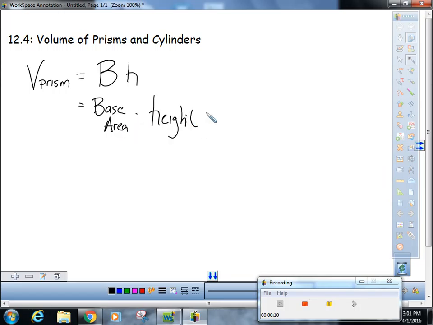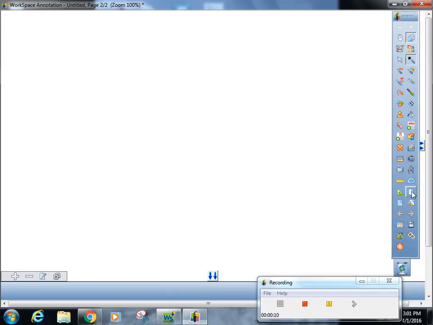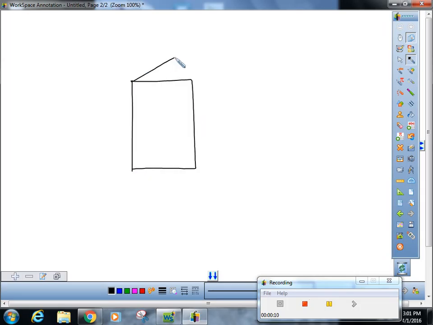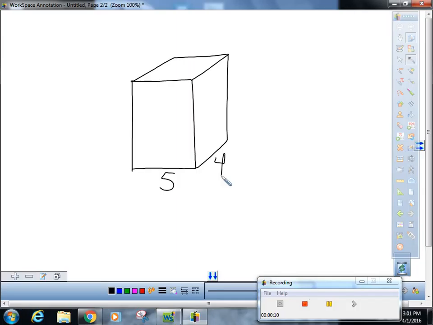So let's just start out with a simple rectangular prism. Okay, and let's say this one was 5 by 4 by 6.